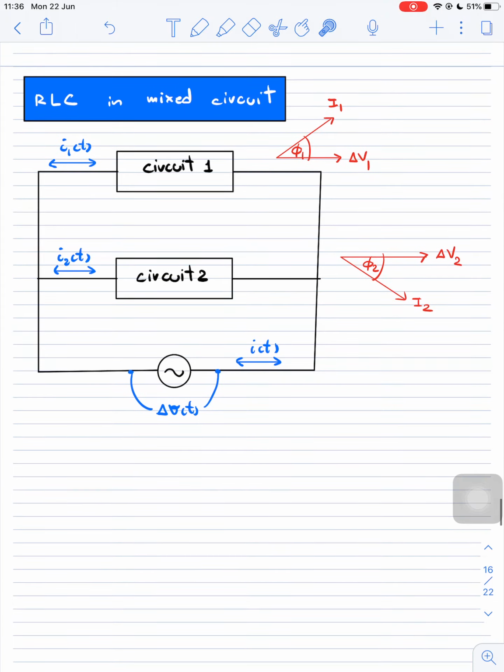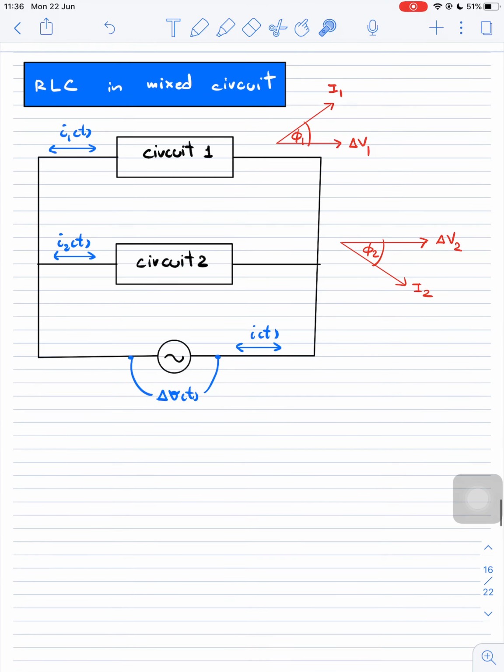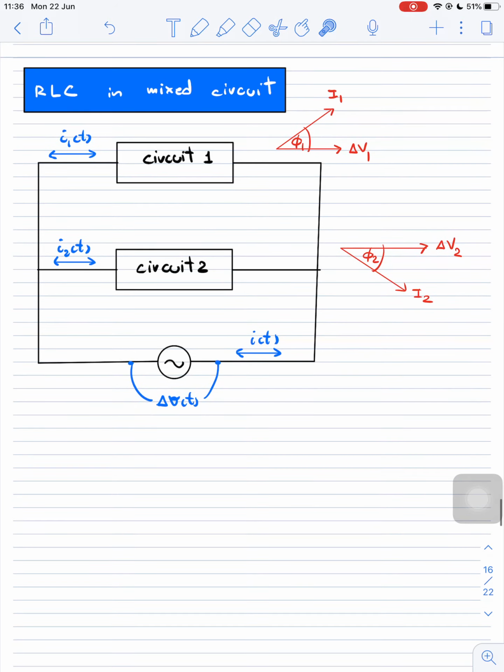Okay, so let me say that we just want to find the phase difference between the current I and the potential difference delta V, right? Look here, circuit 1 and circuit 2 are connected in parallel. So for the parallel combination, it means that the potential difference across each circuit must be the same, right?